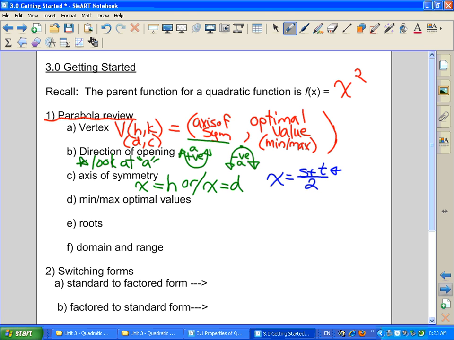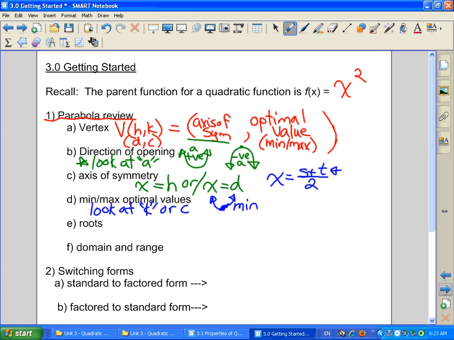Okay? And for your min-max values, again, you're going to look at K, which is the ordered pair K, folks, or C. Okay? So it's your Y value or the second part of your vertex. Okay? And basically, if it's positive, it opens up and you have a minimum.